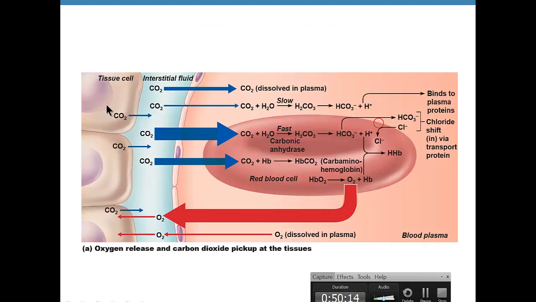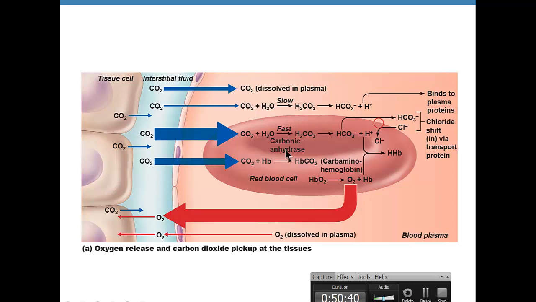So we have this carbon dioxide in my tissue cell. I'm exercising, walking on the treadmill, and it diffuses into interstitial fluid. It's in lesser concentration in my tissue capillary, so it diffuses into my tissue capillary. Some stays dissolved in the plasma, that's the pCO2, and some enters the red blood cell.